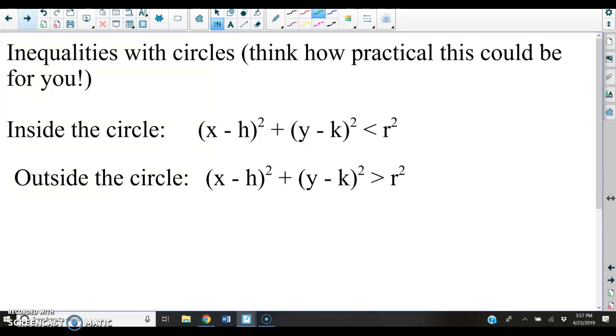Inequalities with circles. Think of how practical this could be. If you are flying a drone and the drone goes down, but you know that it stayed within 200 yards, it's inside your circle. That means the distance from your center is less than the radius squared.